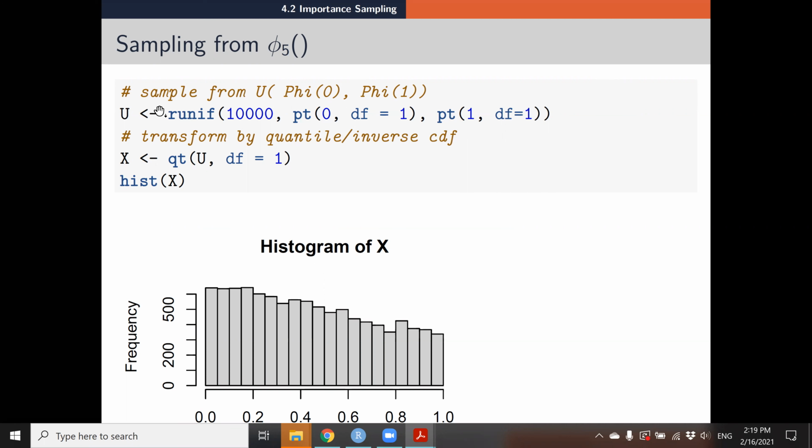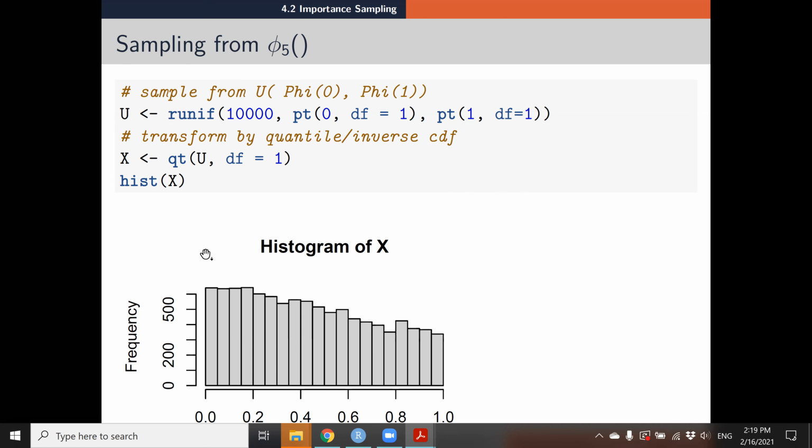After obtaining these draws, we transform them back using the qt function, which is the quantile function or the inverse CDF. So we do qt of u, where the u's are the uniform samples, with degrees of freedom 1. The resulting x's will follow the truncated t distribution with degrees of freedom 1.